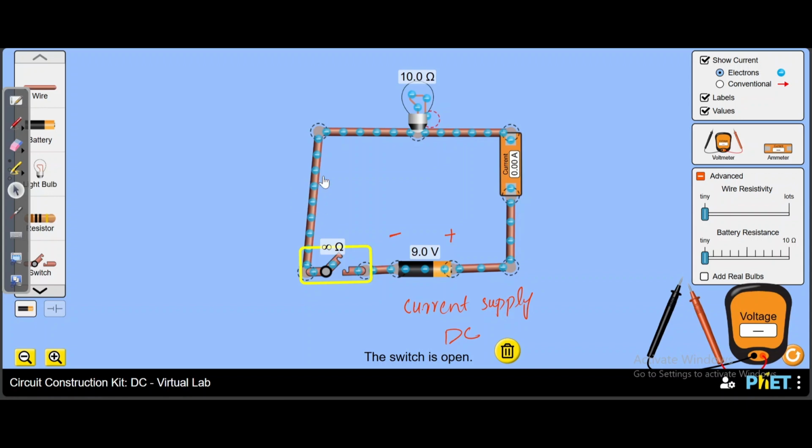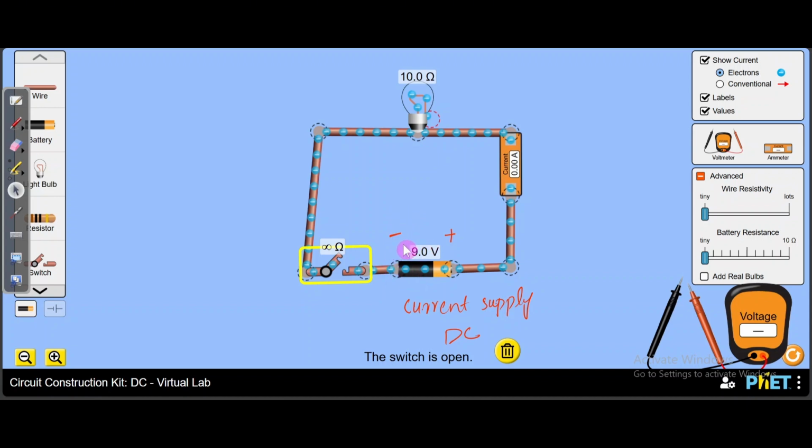So why does the electron behave as a simple pendulum, meaning it vibrates about its mean position? The reason is that in alternating current, as the name indicates, alternating means it will change its direction as well as its magnitude.